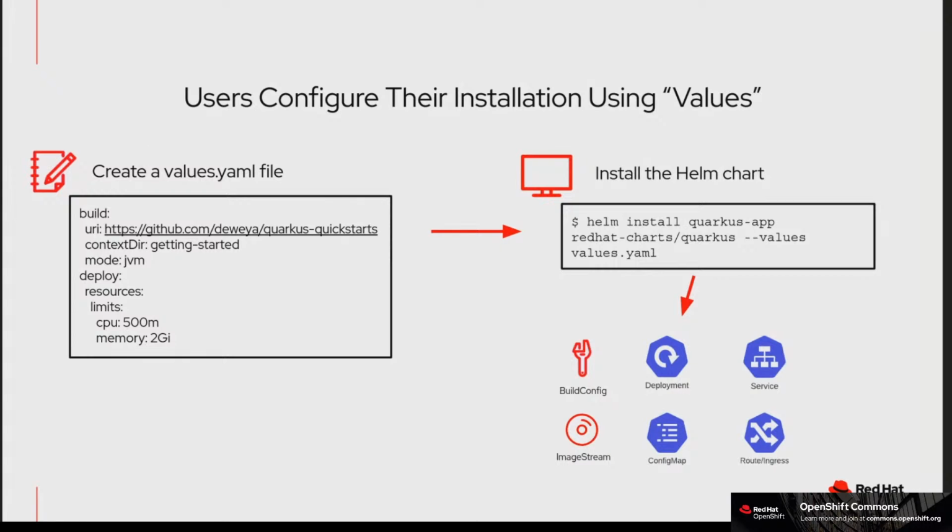So I want to give it 2 gigs of memory as a limit, 500 millicore CPU, and then I can just run the Helm install command against that. Run with --values.yaml to actually pass in those values, and then I've got 6 different OpenShift resources. They're already configured for me, already dynamically generated and ready to go.